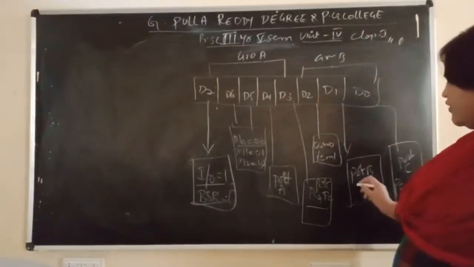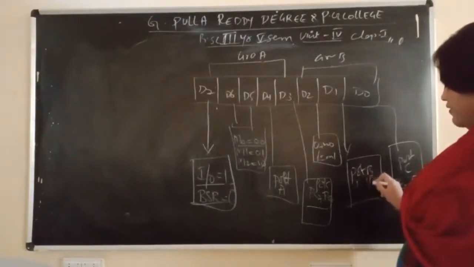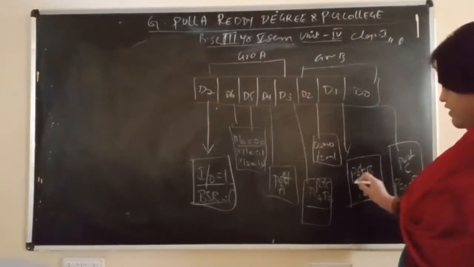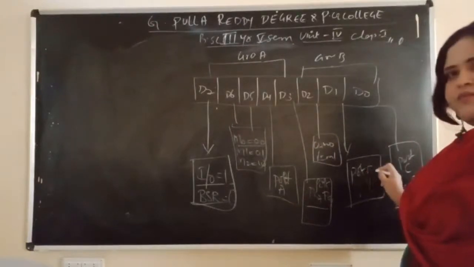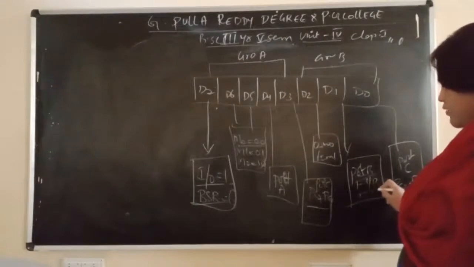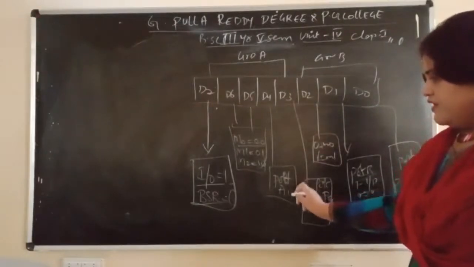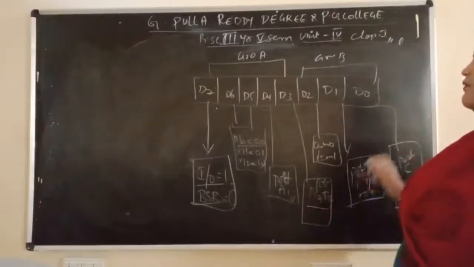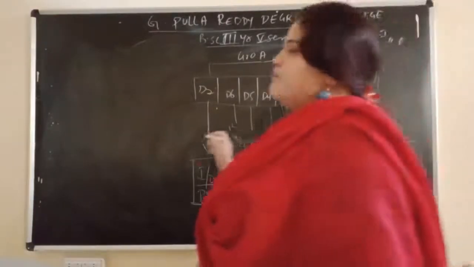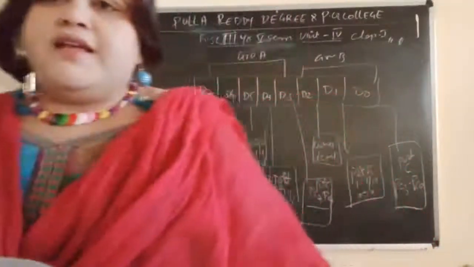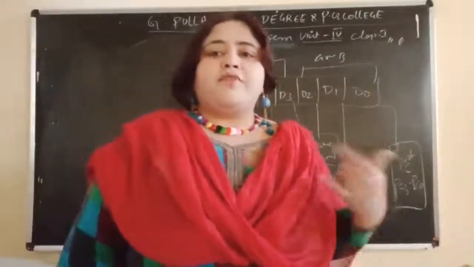Now how will you program? 1 means input, 0 means output. If it is 1, port B is input, 0 means output. Here also, if it is 1, input, if it is 0, output. So like this you can program these ports in the control register in different modes.